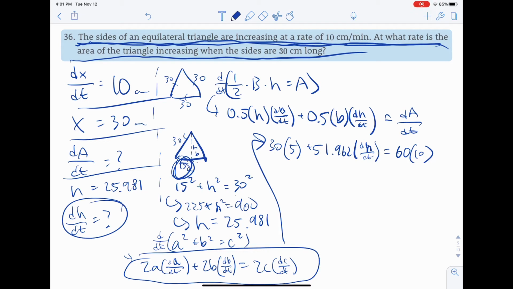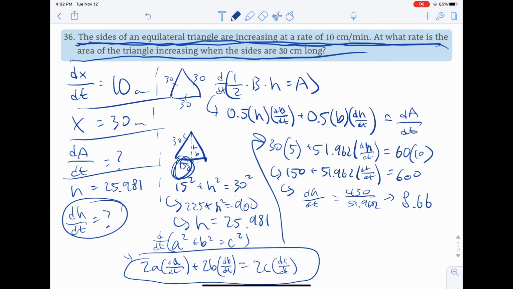So now it's 150 plus 51.962 times dh over dt equal to 600. Move it over, and you get 450 over 51.962 is equal to dh over dt. That's around 8.66.